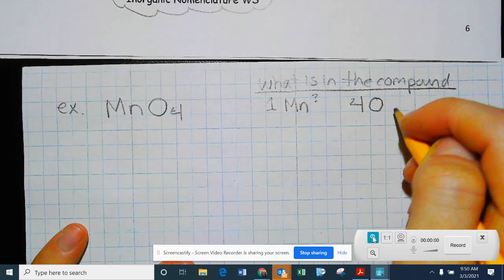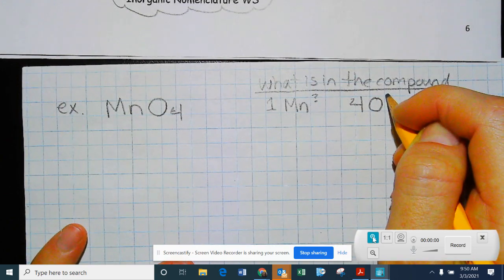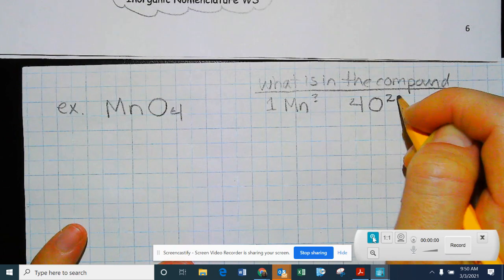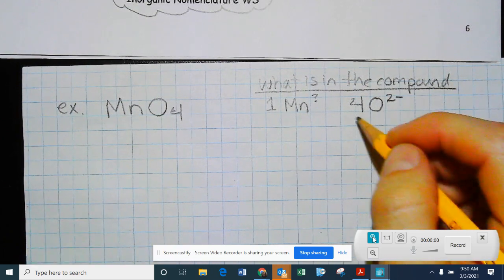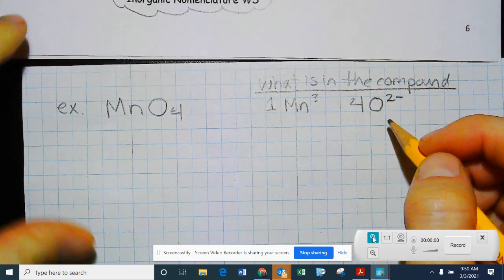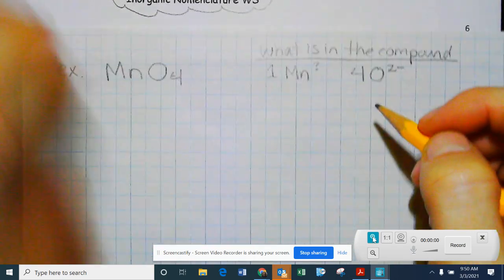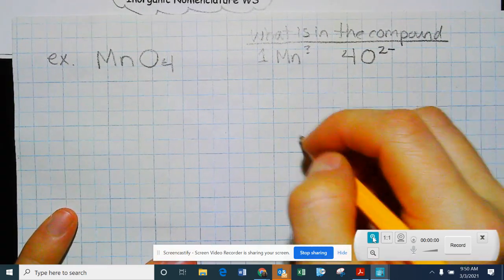Do we know the charge on oxygen? What is it? 2 minus. Yes, excellent. Because I've got 4 of those oxygens, and I'm just going to draw this out because that often helps me.